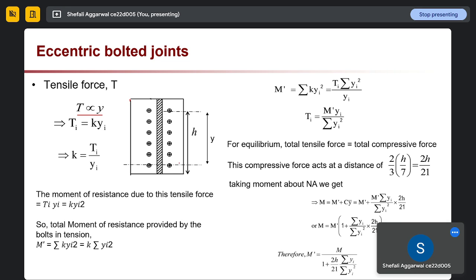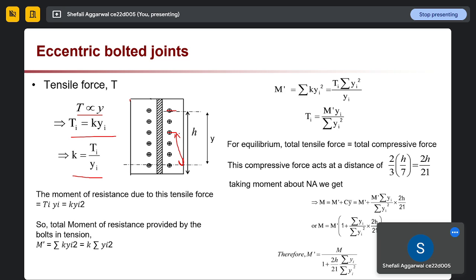What is y? y is the distance from the neutral axis to the selected bolt line. If we select this bolt line, this would be our y. If we select another bolt line, our y would change in the same way, so we have to find the critical y also. So T is proportional to y. Changing the proportionality, we have a constant k. So tensile force T is equal to k into y, and from there, the proportionality constant is T divided by y.